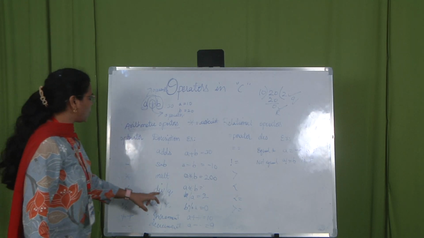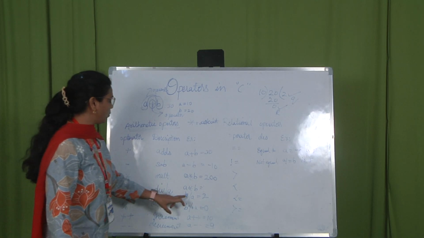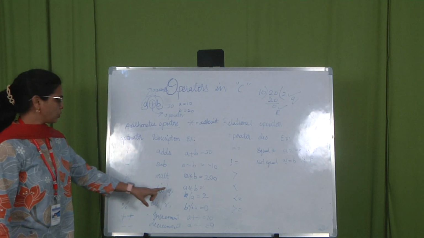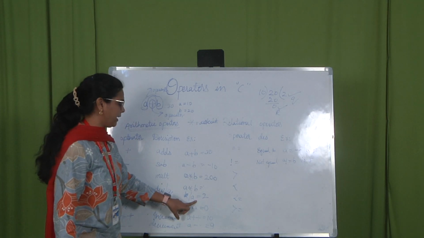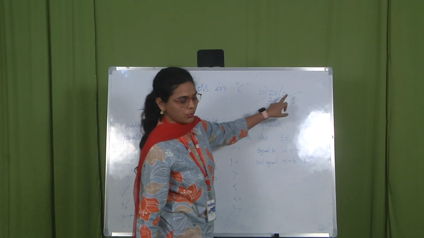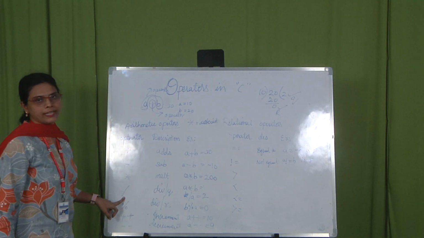Whenever you want the quotient, that is the answer of the division, we go for this forward slash symbol. So B divided by A, that is 20 divided by 10, you get the quotient 2. Whenever you require the quotient, we go for the forward slash symbol.